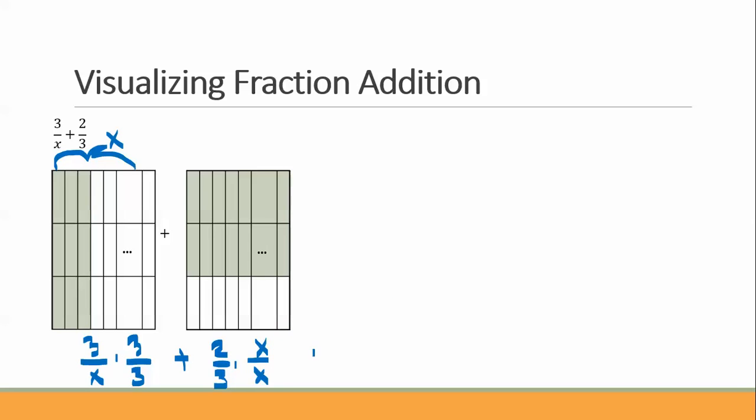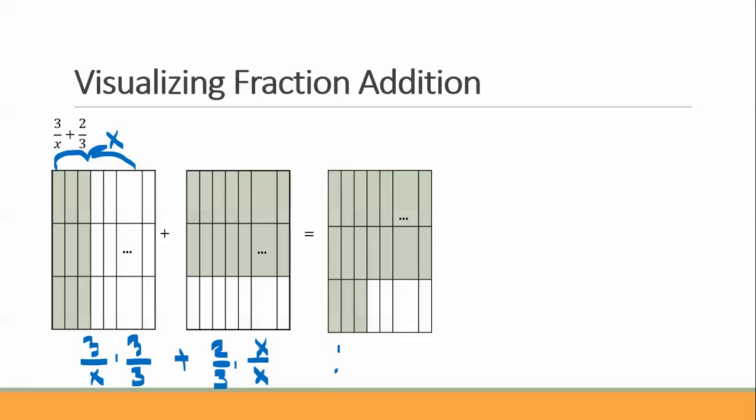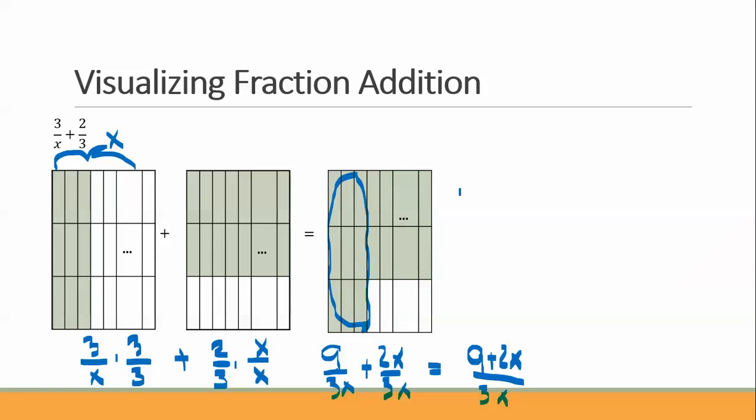So that becomes 9/3x plus 2x over 3x, which is 9 plus 2x over 3x. The 9 comes from these 9 here, and our 2x comes from the 2x right there.